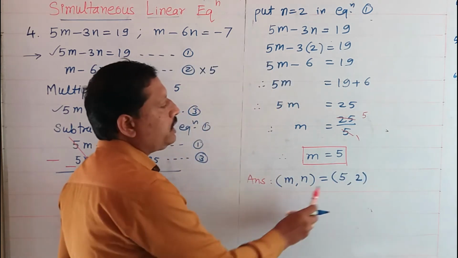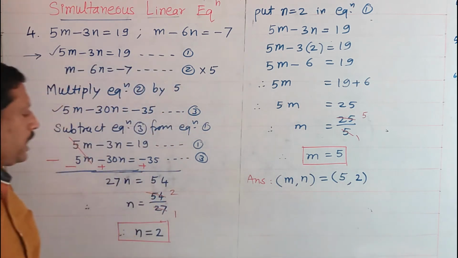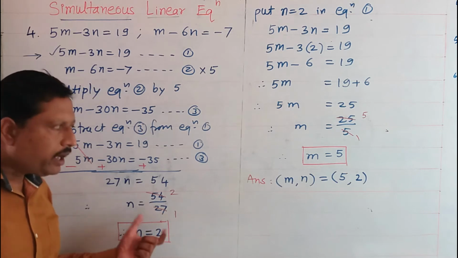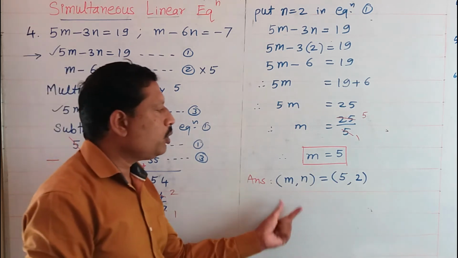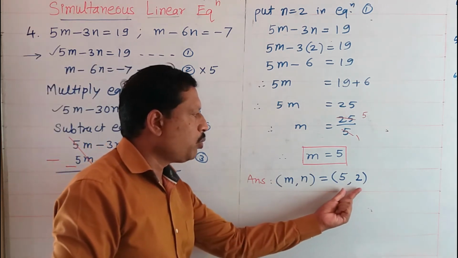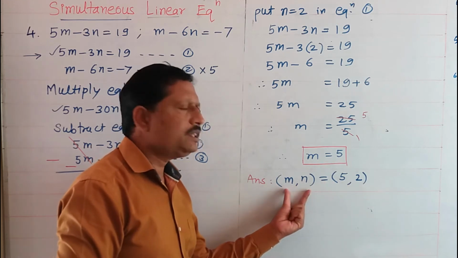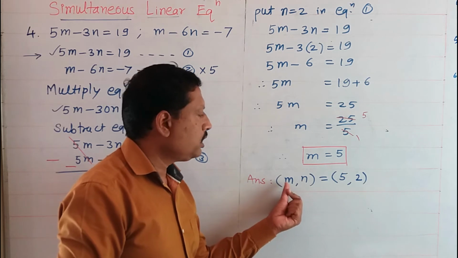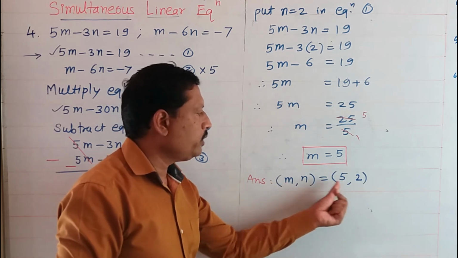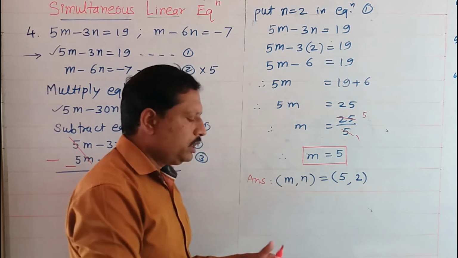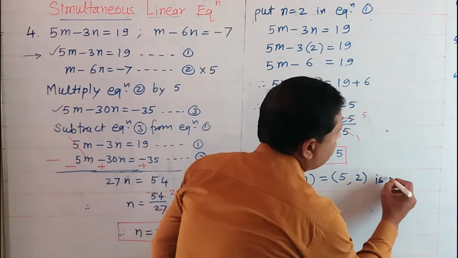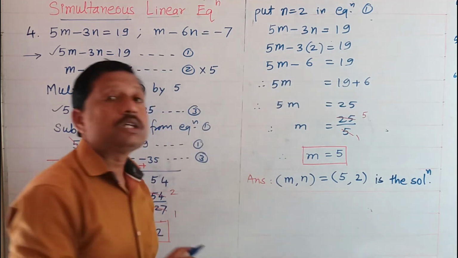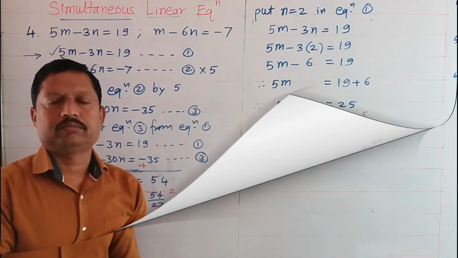Note that while writing the answer, though we find the value of n first, while writing the answer, write down in this manner: m is equal to 5 and n is equal to 2, because this is the ordered pair. Hence m is equal to 5 and n is equal to 2 is the solution of the given simultaneous equation.